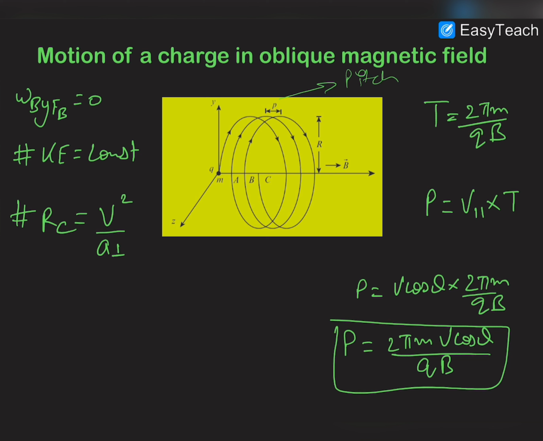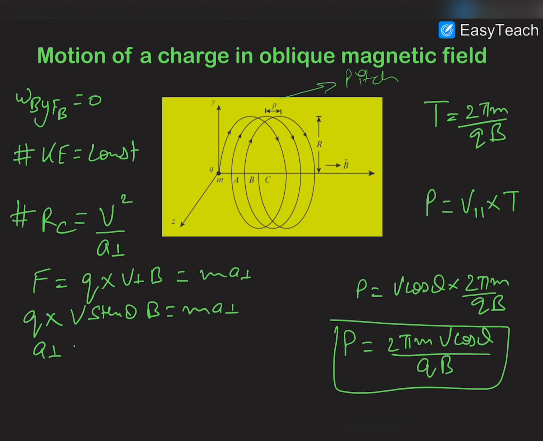So this magnetic force is perpendicular to the net velocity also, and therefore this magnetic force F magnetic will be q V perpendicular into B, and that is equal to m a perpendicular, and V perpendicular is V sin theta.